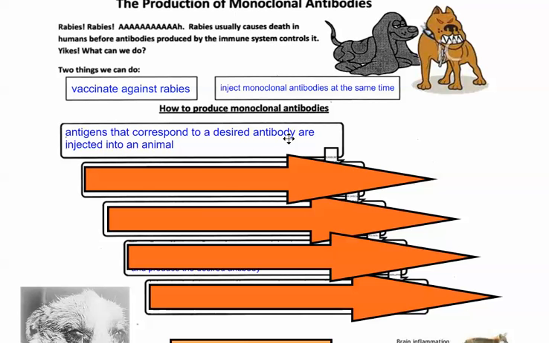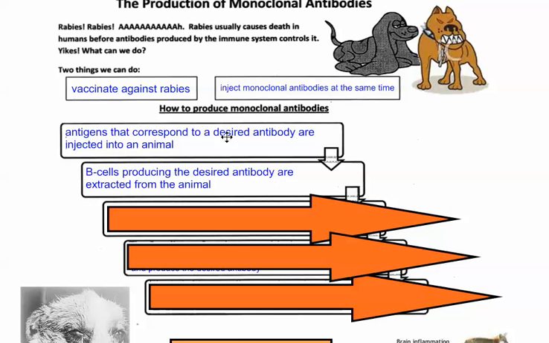So that animal actually goes through the immune response and hopefully doesn't die in the process and produces these antibodies. We try to identify the B cells that are producing the correct antibody. So these B cells have been stimulated and hopefully are making clones of themselves and are producing the correct antibody that matches with the rabies viral antigens. And we extract these specific B cells from the animal.